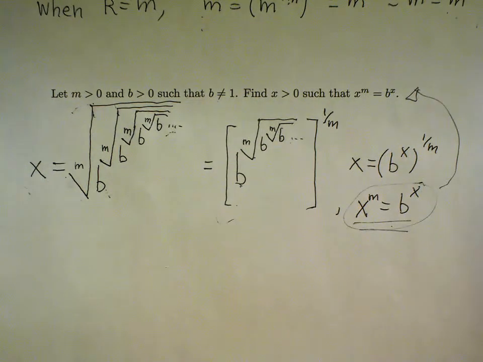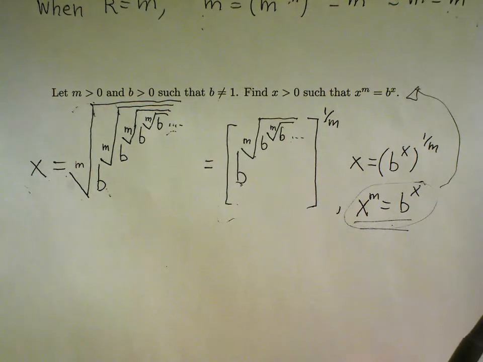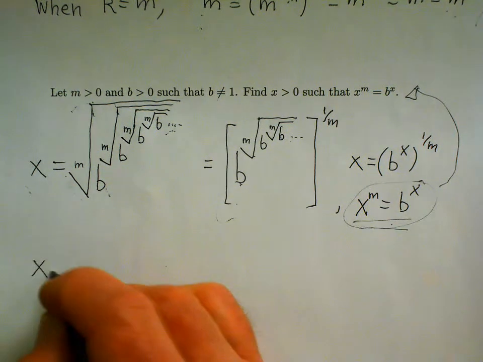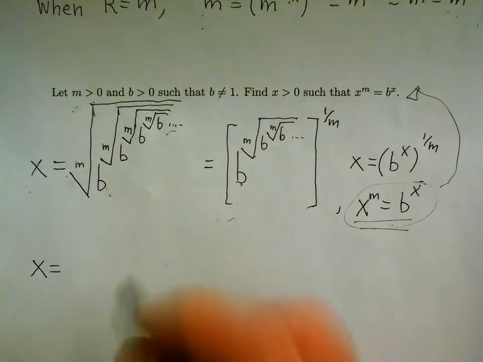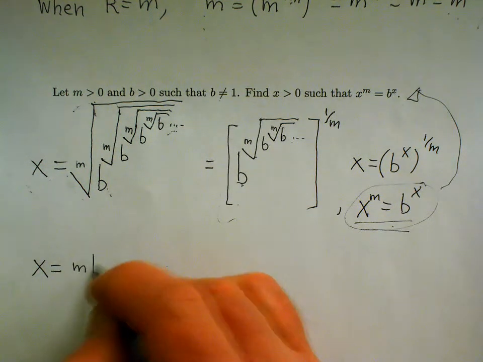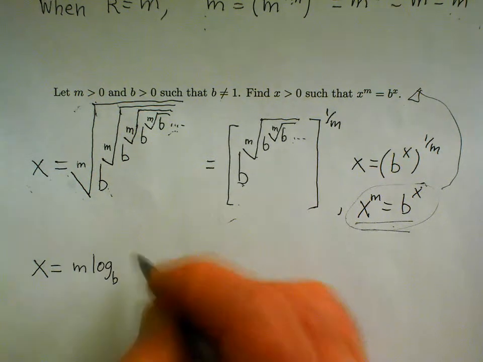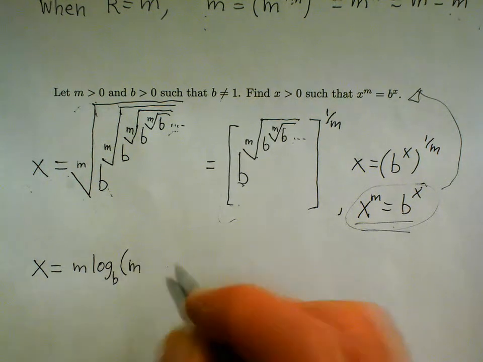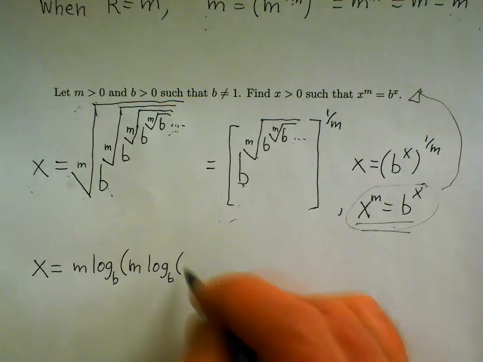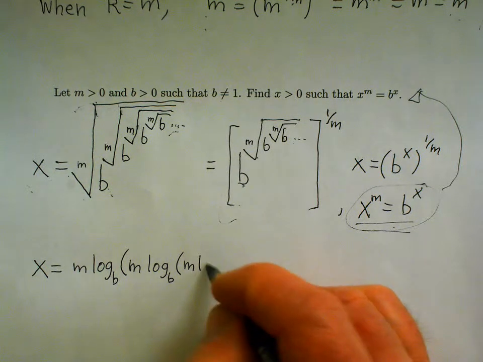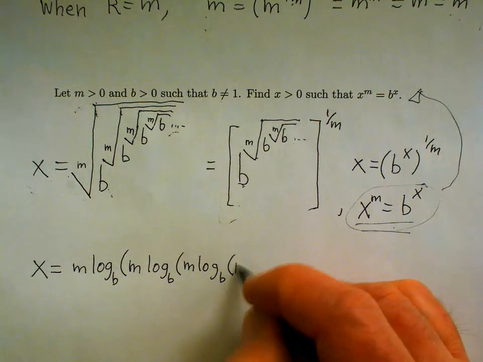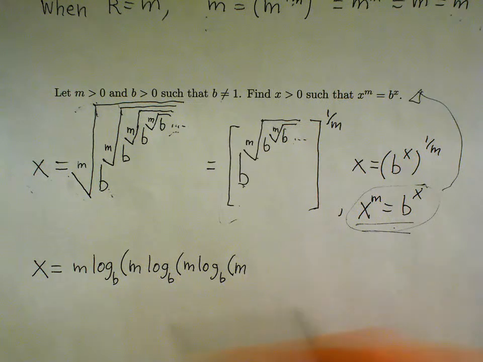Well, there's another solution, I should say. So this time I'm just going to pick x to be m times the base b logarithm of m times the base b logarithm of m times the base b logarithm of m times the base b logarithm, and so on.